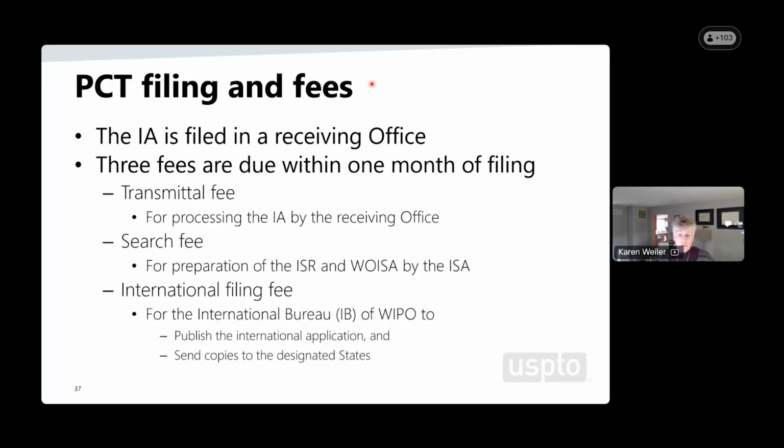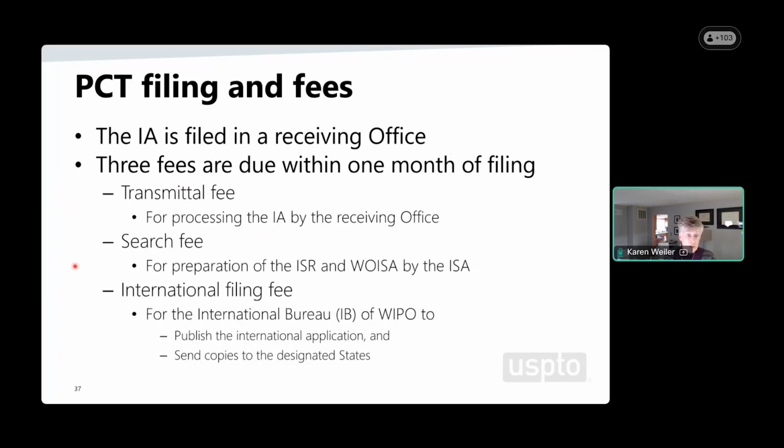So international phase starts off with the filing of the international application in a receiving office, usually the home patent office, the local office. Three fees are due within 1 month of filing the international application. There is a transmittal fee that goes to the receiving office, and it covers the processing of the international application.